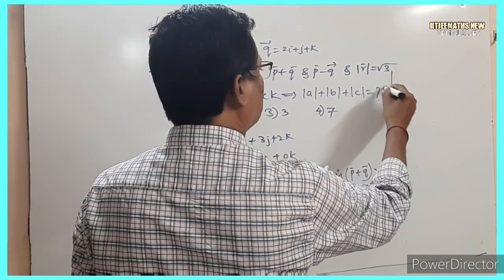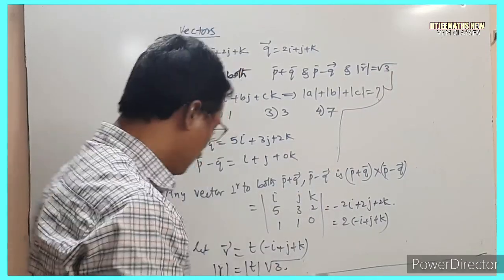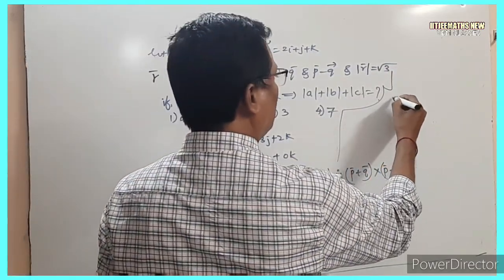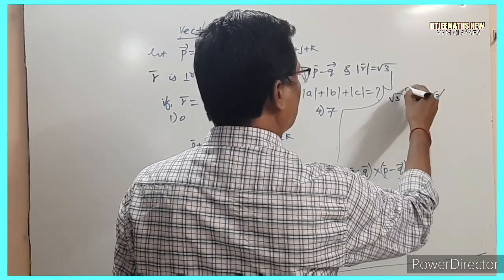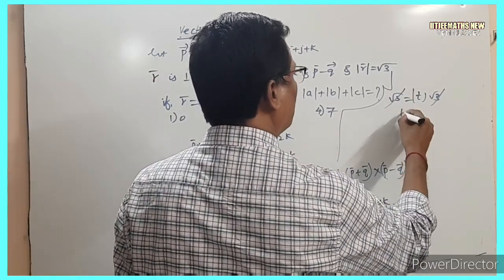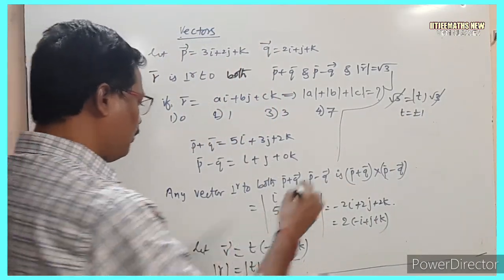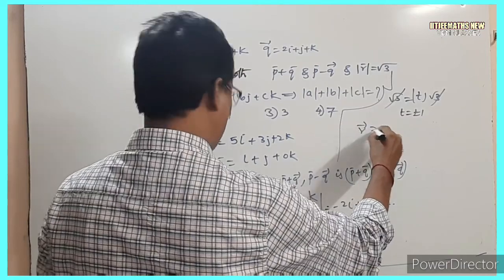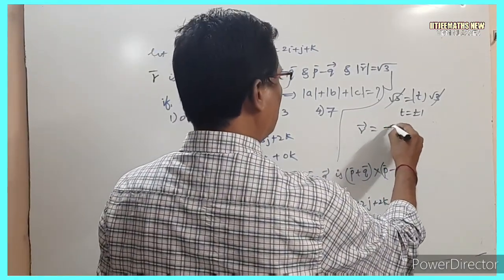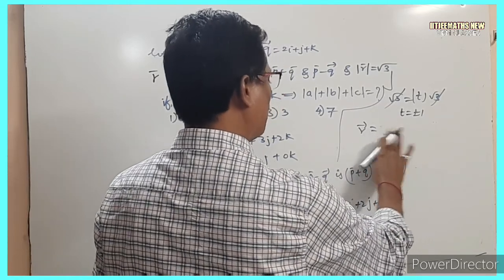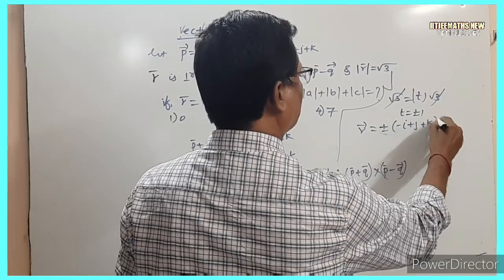But what is given in this problem? Mod R is equal to root 3. Therefore mod R, write that root 3, is equal to mod t into root 3. Therefore root 3 cancelled, t may be plus or minus 1. Therefore this R bar vector is plus or minus of minus i plus j plus k.